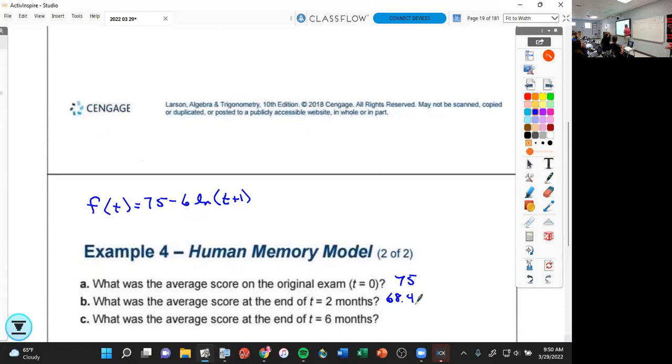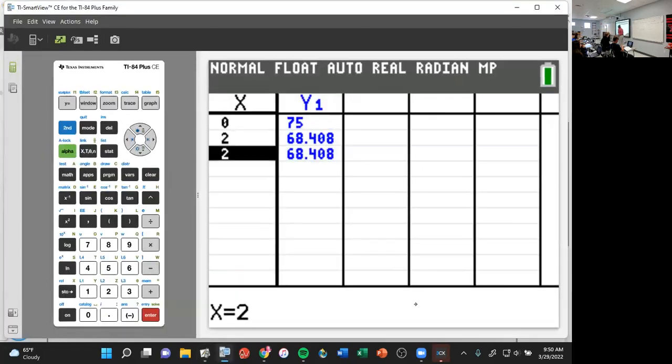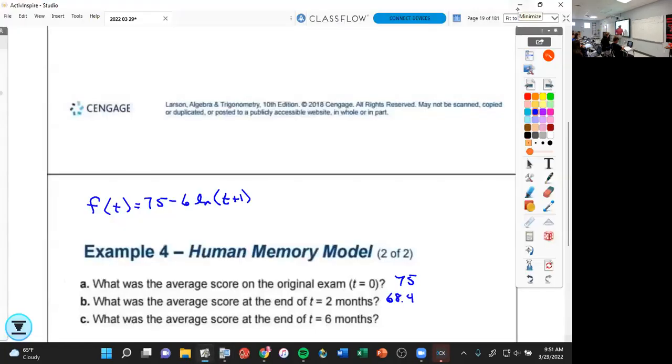What is the average score at the end of 6 months? 63.3. Notice that it started dropping fast, but then it slowed down, right? That's what natural log does.